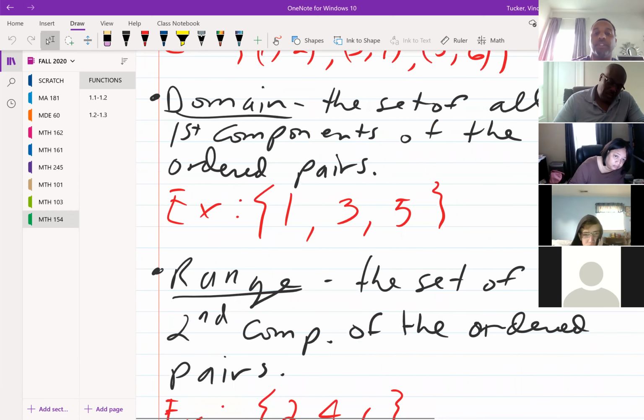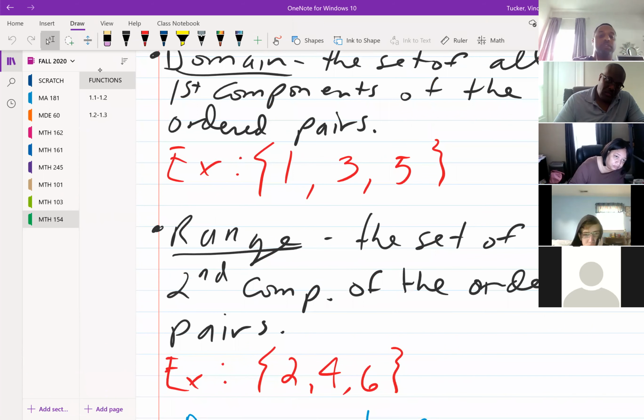The range is a set of all of your second components of the ordered pairs. That'll be 2, 4, and 6.